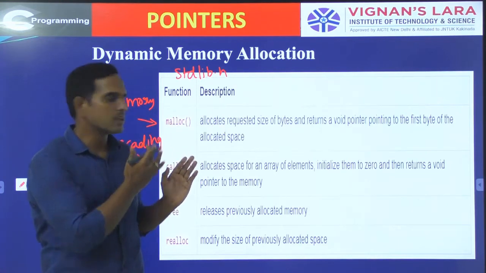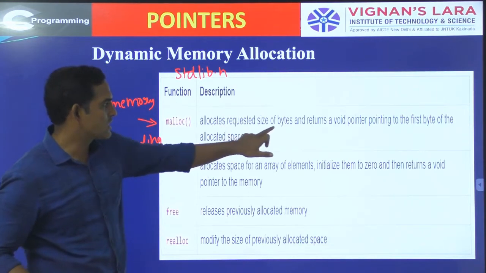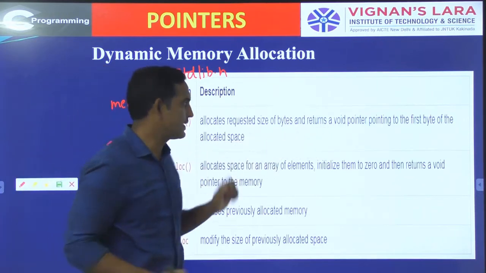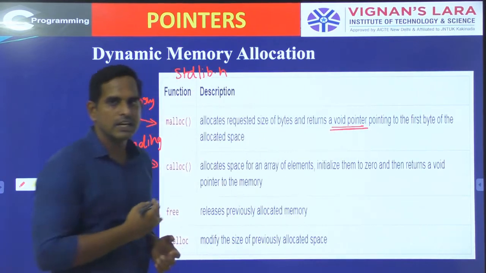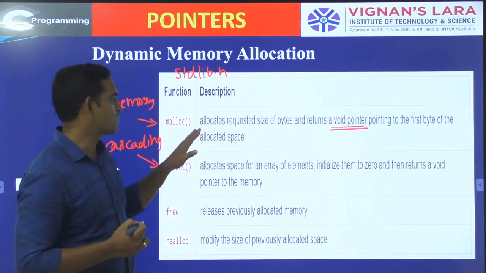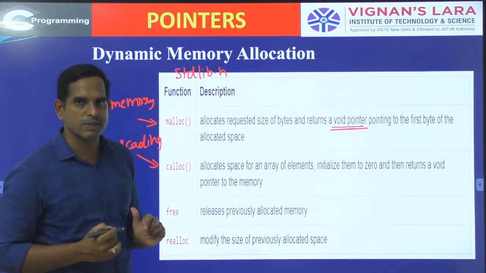It allocates the requested size of bytes and returns a void pointer. Remember, it will return a void pointer pointing to the first byte of your allocated space.